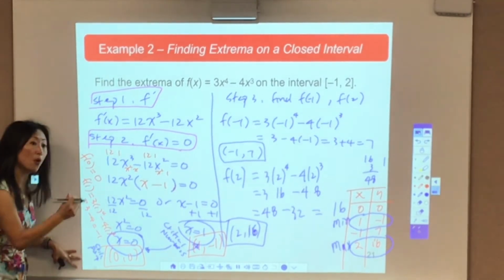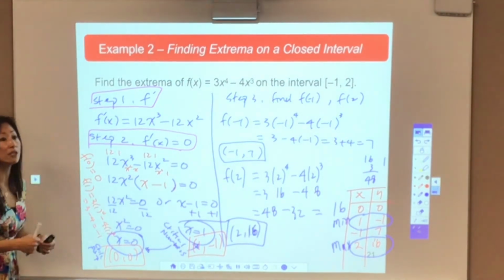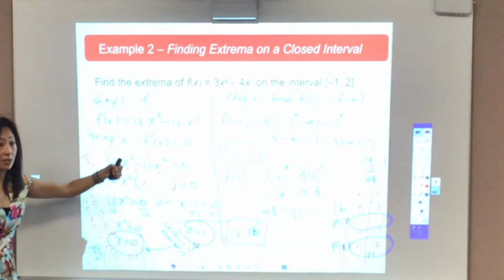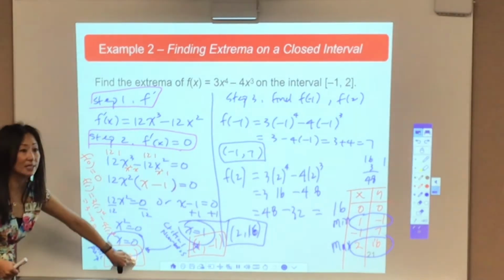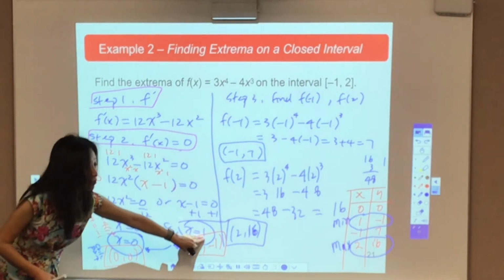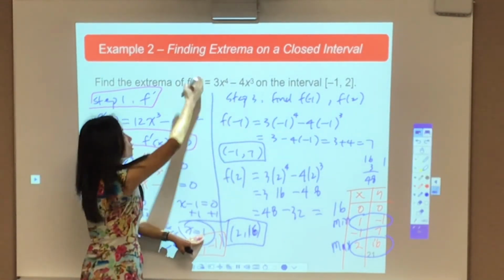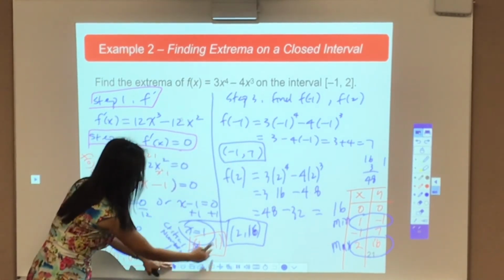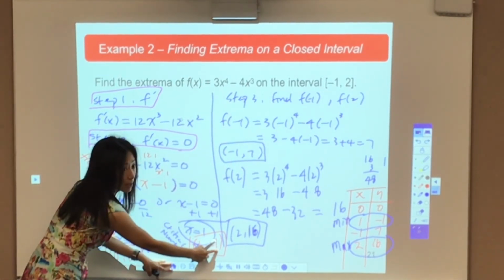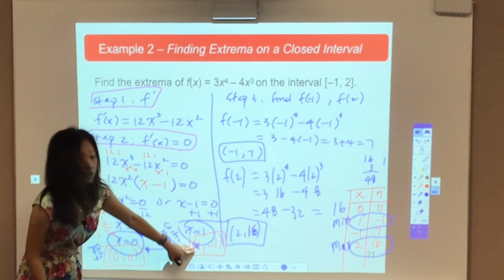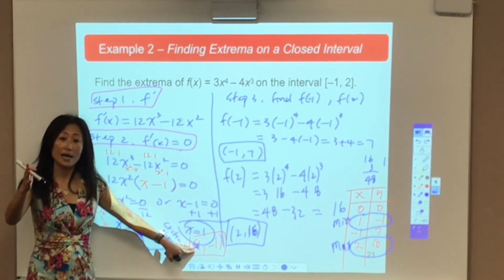Do you see the difference? A point has x and y values. Critical number means just the x values. So my critical point is 0 comma 0. So my critical number is 1. So I plug this 1 back into my function and I find my y to be what? Negative 1. Okay, I said it wrong, class.